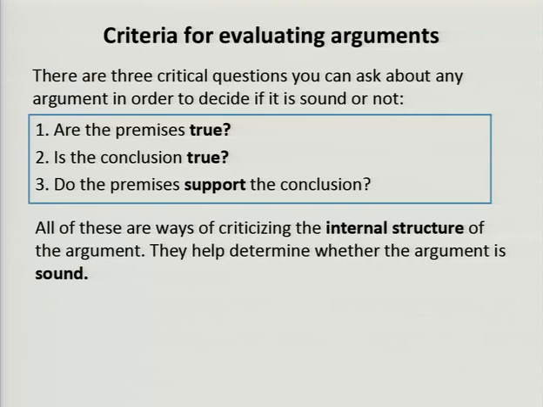They don't concern anything that lies outside of the argument. And this internal structure, more or less, will help determine whether the argument is sound in our special technical sense.